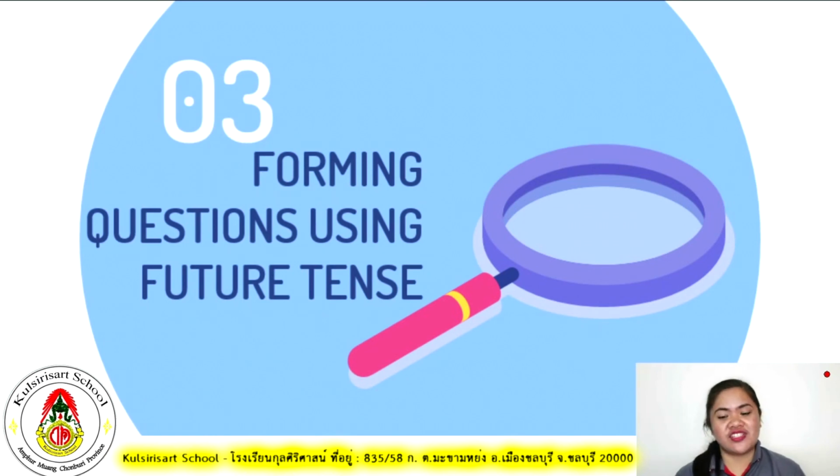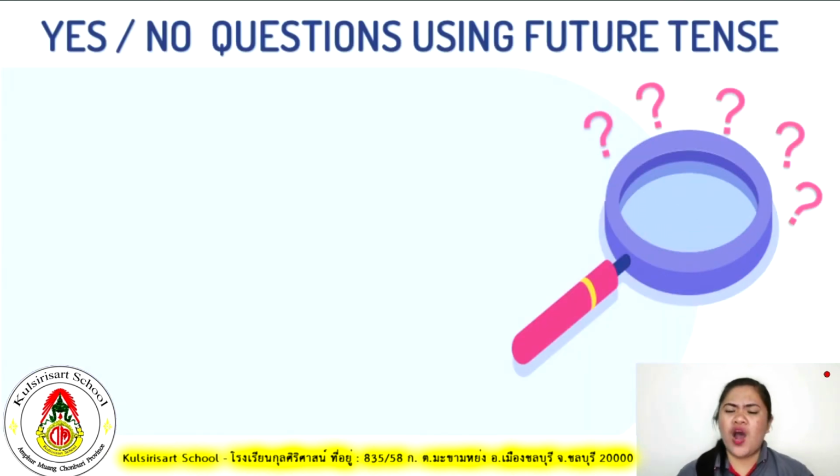forming questions using future tense. We are already finished with the meaning of future tense or future time. We are also finished with the usage of will and be going to express future time. So now, let's move on to another topic, forming questions using future time. What are yes or no questions?